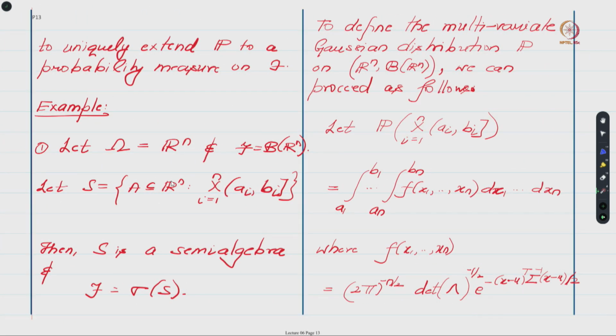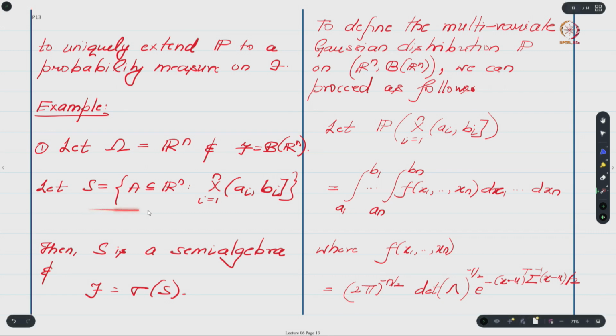So here is a quick example. Let us say omega is Rn and your sigma field is the Borel sigma field of Rn. Now you want to define, let us say, the standard multivariate Gaussian distribution on Rn, and you must have seen the way we define it. How do we define it?